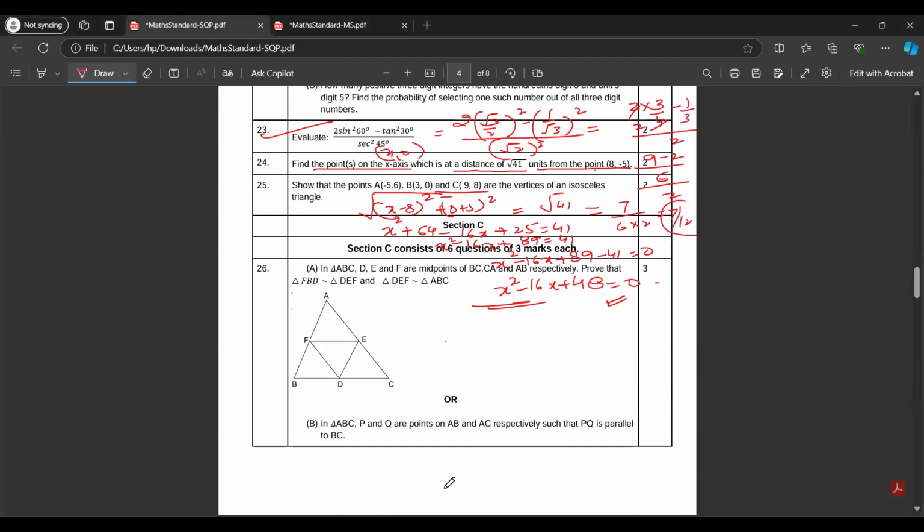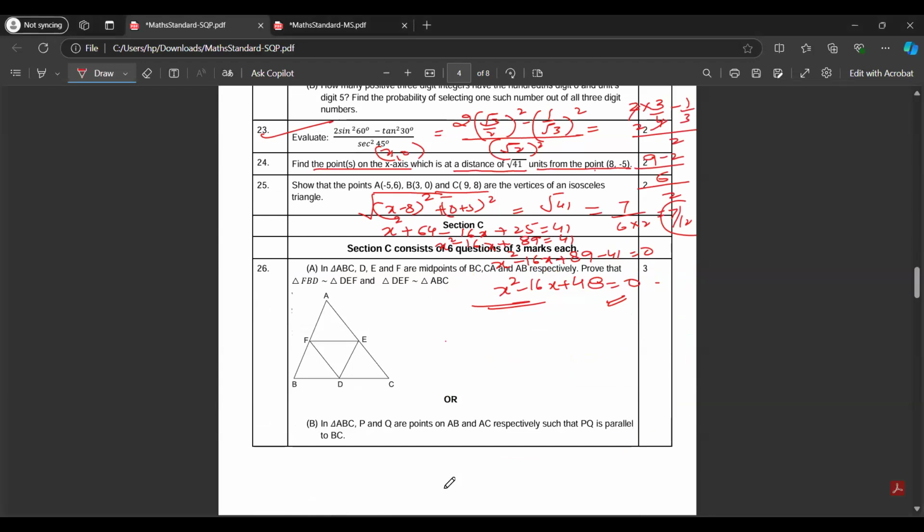So see question number 26, triangles. There are two questions. B is the option. In triangle ABC, D, E, F are the midpoints of BC, CA and AB respectively. Prove that triangle FBD is similar to triangle DEF, and triangle DEF is similar to triangle ABC.